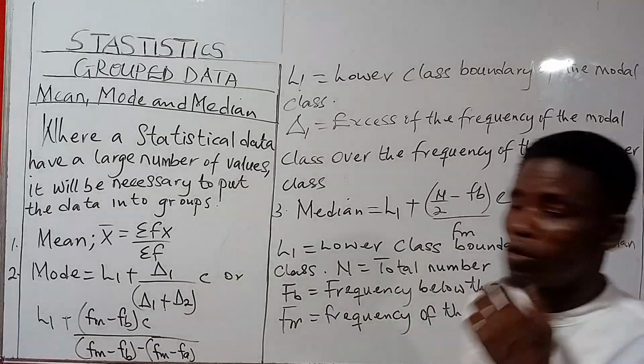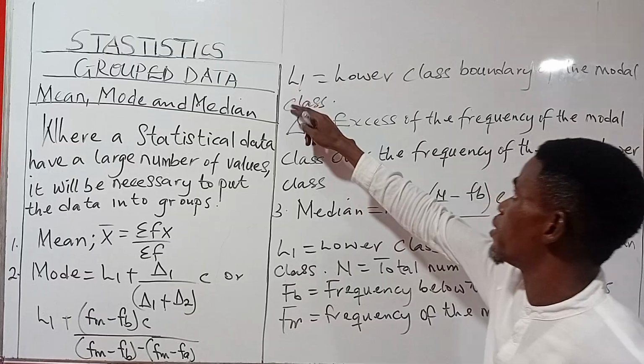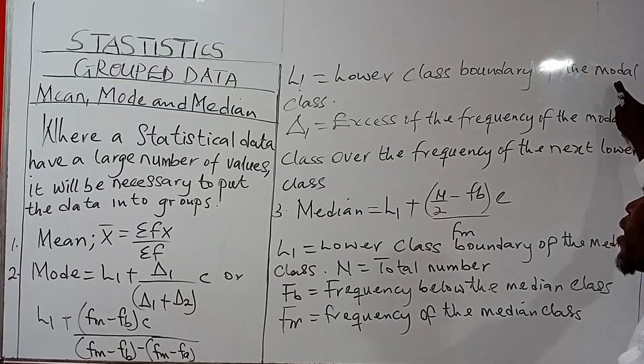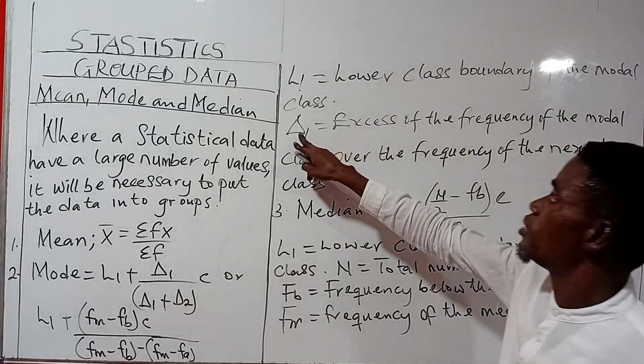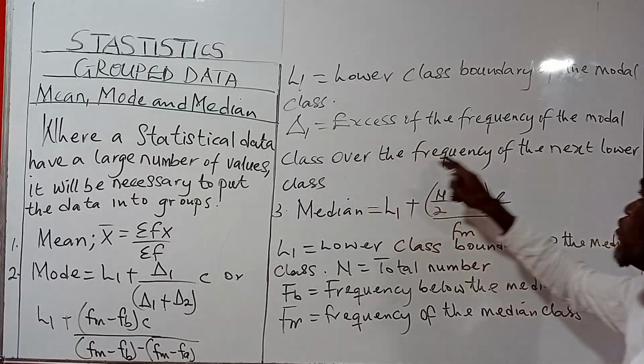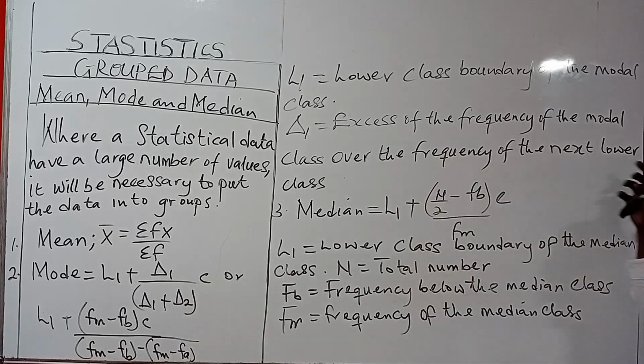Now let me interpret. We say L1 is the lower class boundary of the modal class. Then delta 1 is the excess of the frequency of the modal class over the frequency of the next lower class.